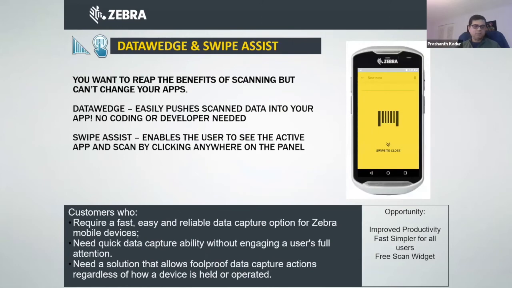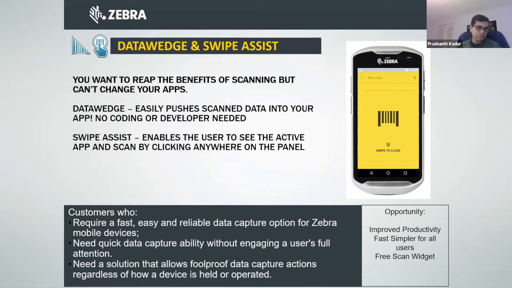Data Wedge, most of you should know what Data Wedge is. For those who are using Zebra devices, it's a very powerful tool. It keeps track of who is in the foreground, not just the application, but what GUI is in the foreground. And then you can create a profile saying that I want Data Wedge to do this. I want Data Wedge to scan these kinds of barcodes, and also collect information.